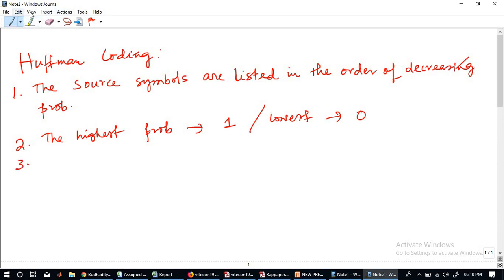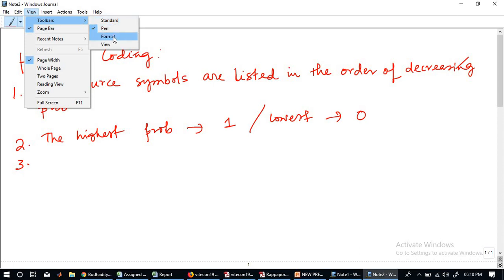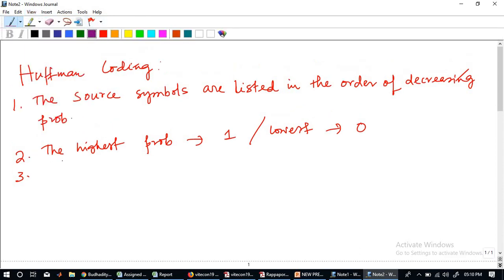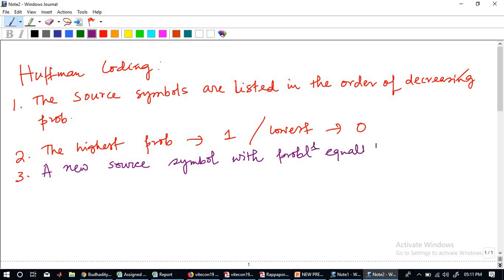The third point is: a new source symbol with probabilities equal to the sum of the original probabilities is calculated.